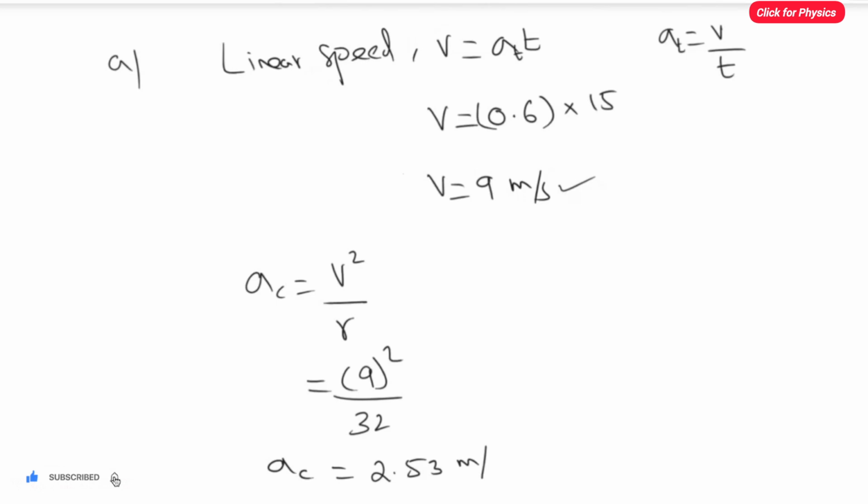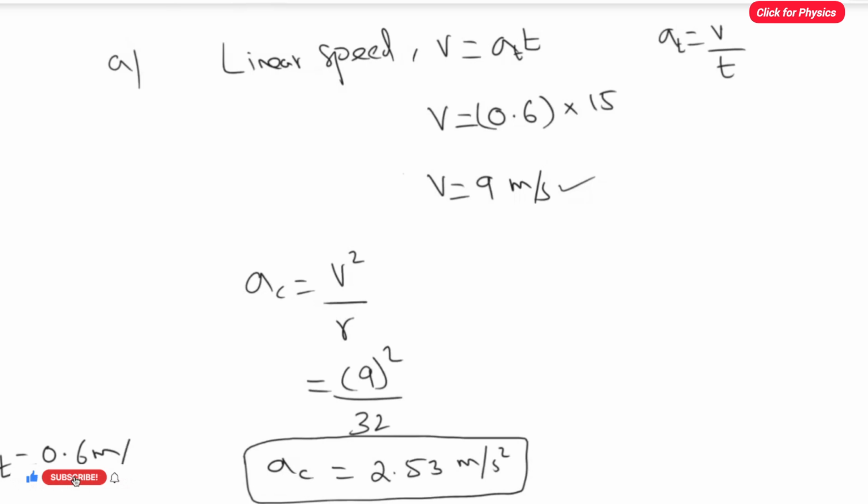The unit is meter per second square. So this is the value for centripetal acceleration. Now you can see we have both values. In the question, the tangential acceleration is given as 0.6 meter per second square, and we now got the centripetal acceleration as 2.53.